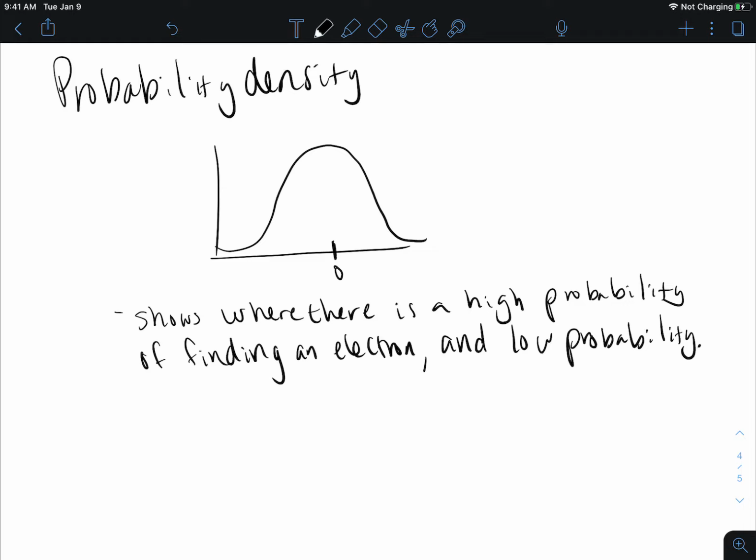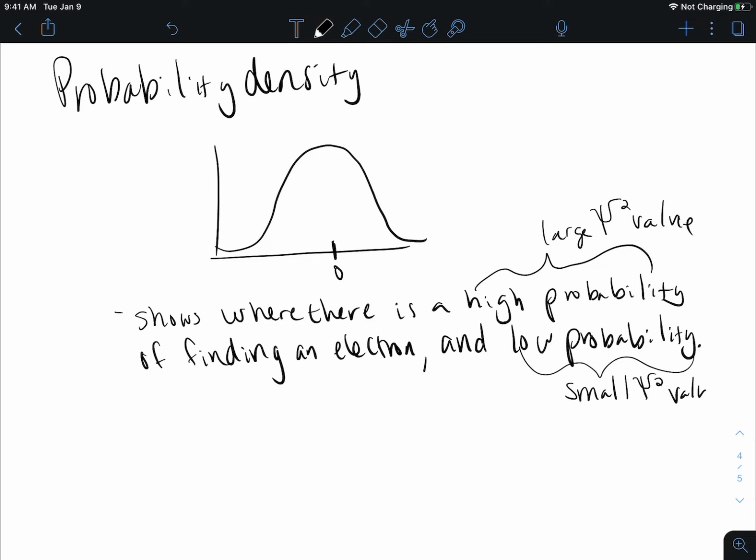Okay, so high probability will have a large psi-squared value. And then if we have a low probability, we'll have a small psi-squared value. Okay.